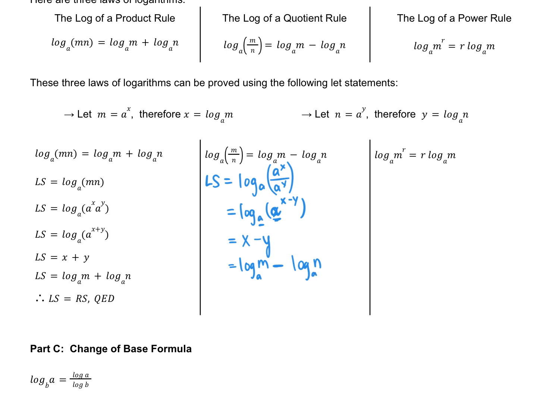So left side does equal right side, QED, which stands for Quod Erat Demonstratum, which is a fancy Latin way of saying that which you wanted me to demonstrate, I have demonstrated. Okay.